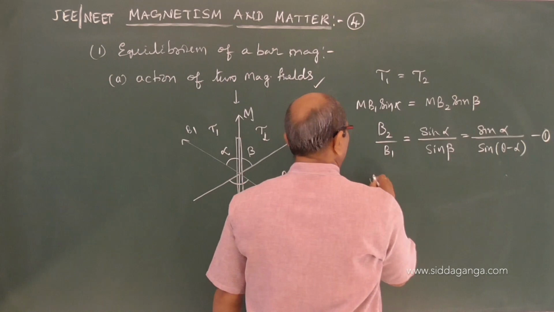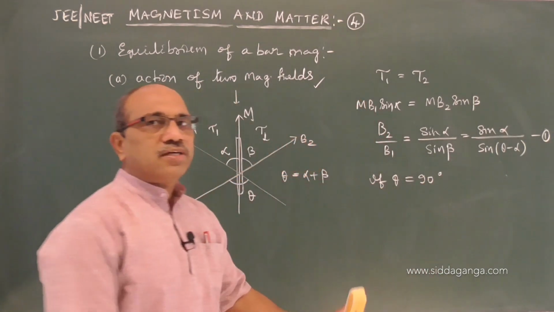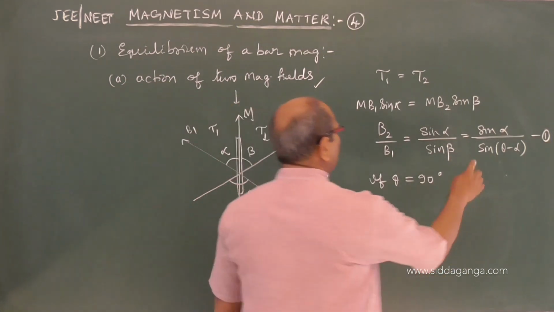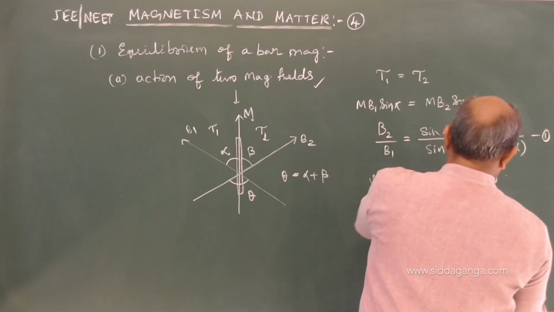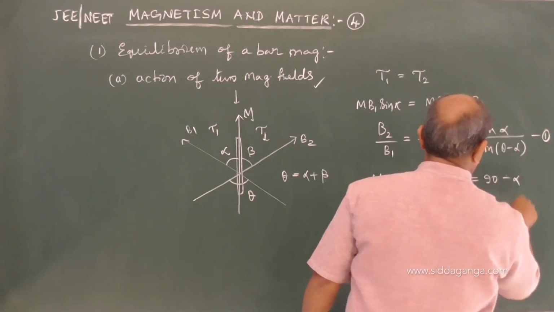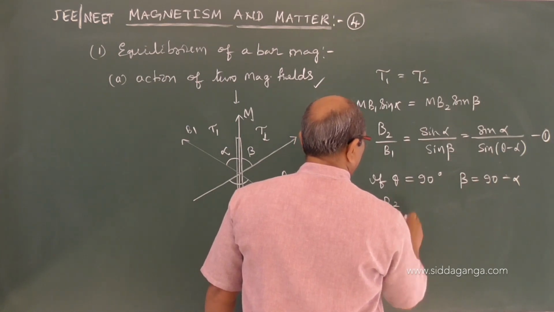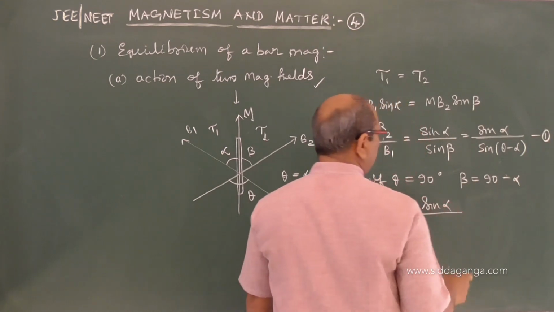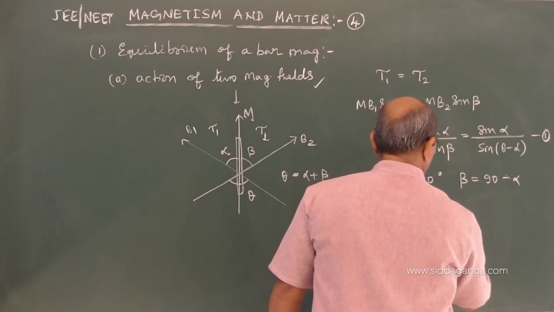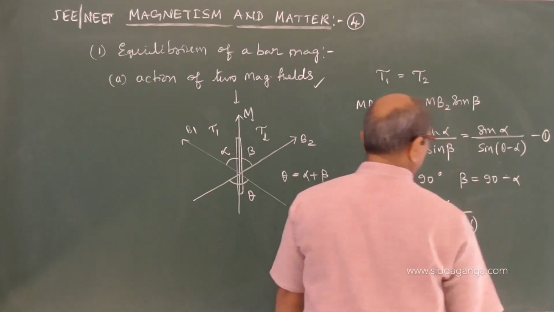Or if theta becomes 90 degrees, then I can write beta equal to 90 minus alpha. And B2 by B1 can be had as sine alpha by sine of 90 minus alpha.